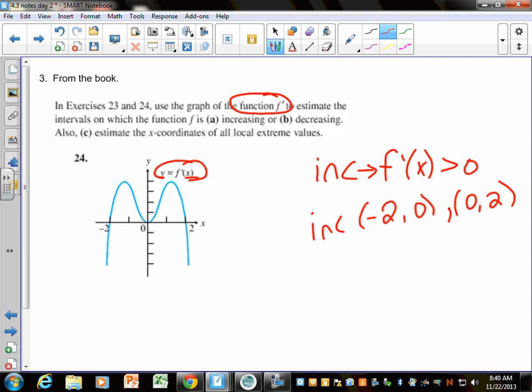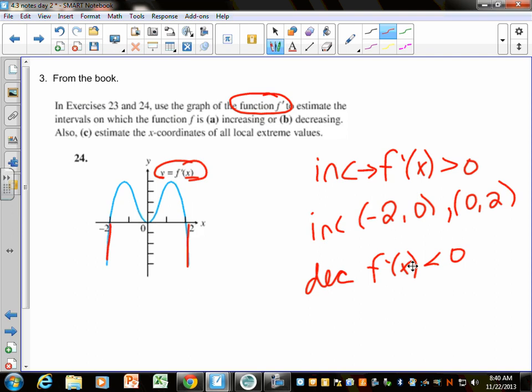So using the idea that increasing is where your derivative is greater than 0, that means decreasing, we know, is where your derivative is less than 0. So if they give you the derivative function and you want to know where it's less than 0, do you agree that that's the same as saying where is it below the x-axis? Which would be this part and this part.